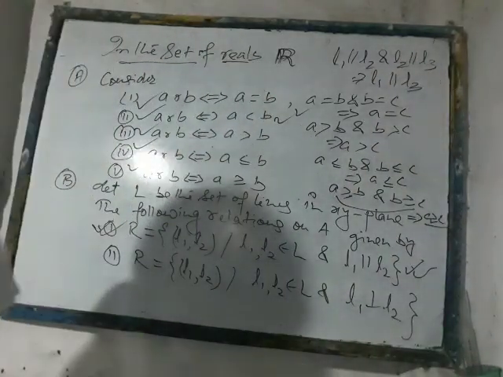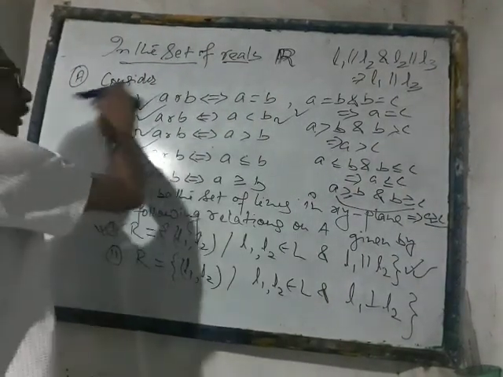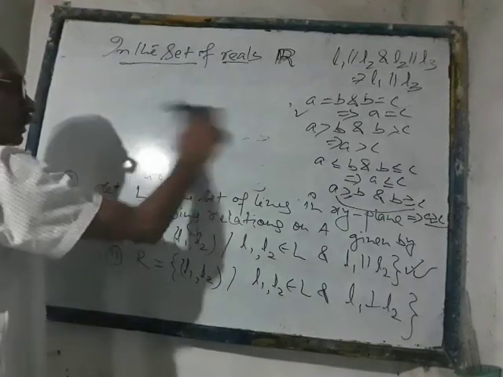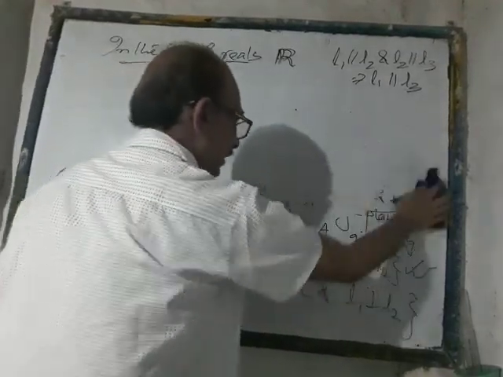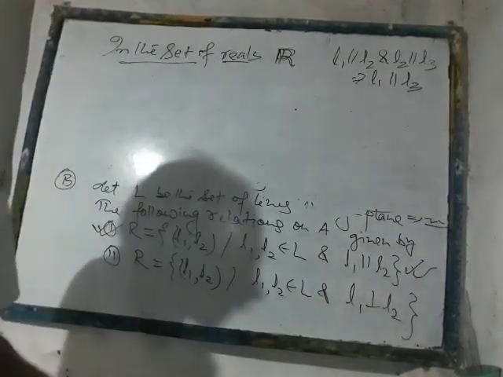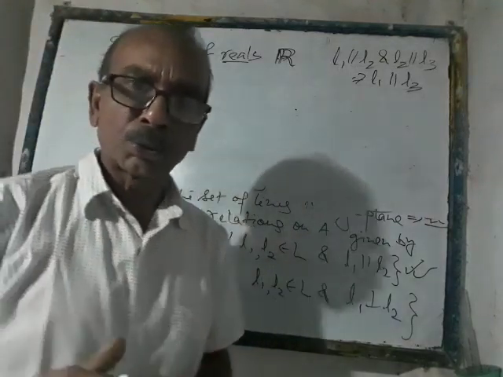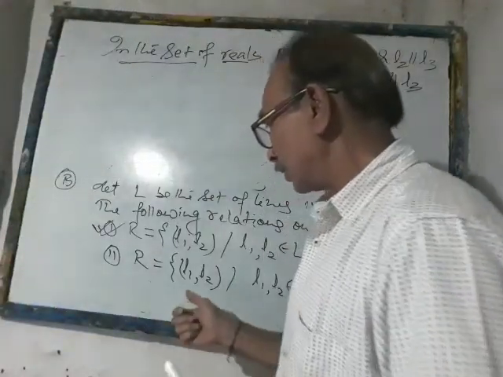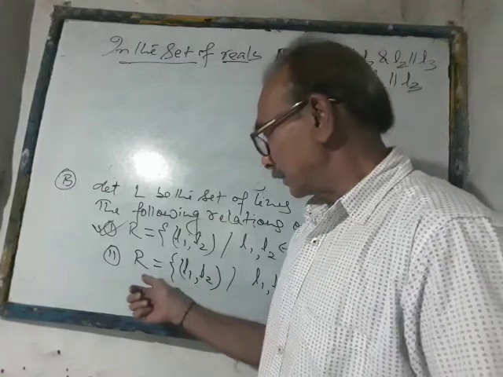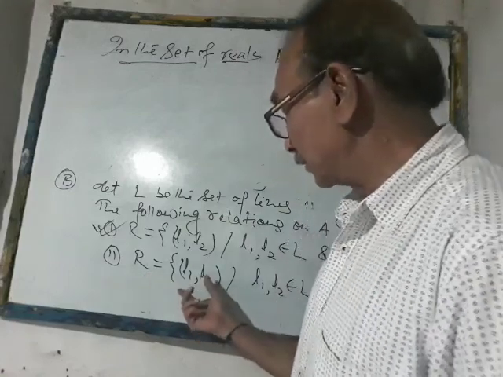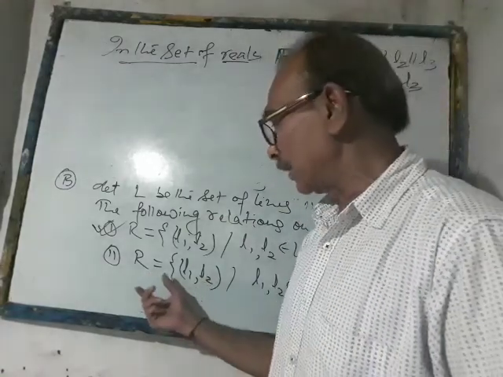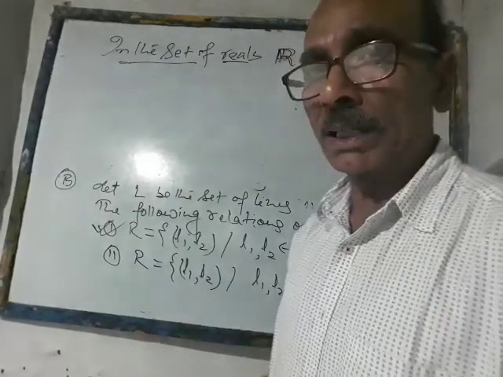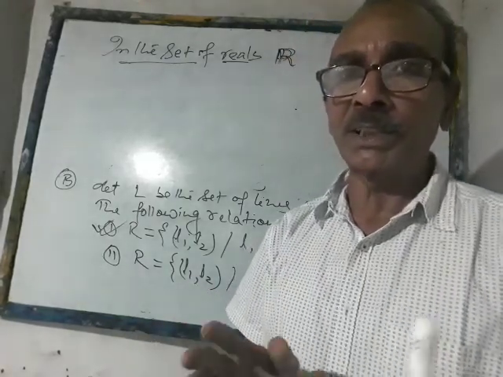Now so far as the last example is concerned, how can you interpret it? Here the relation provided is the relation of perpendicularity between 2 lines. So L1 and L2 are the pair elements, the components of the elements in R, where L1 is perpendicular to L2. The relation of perpendicularity is defined over here.